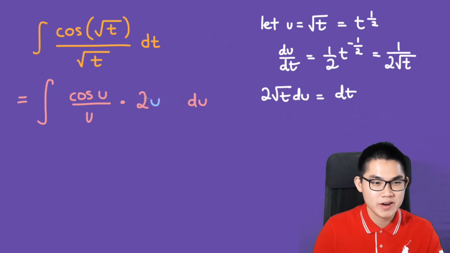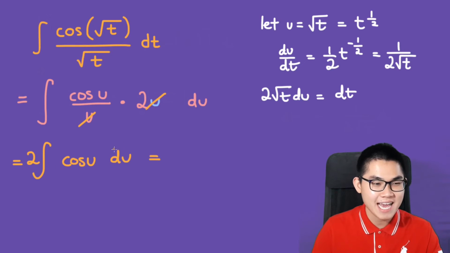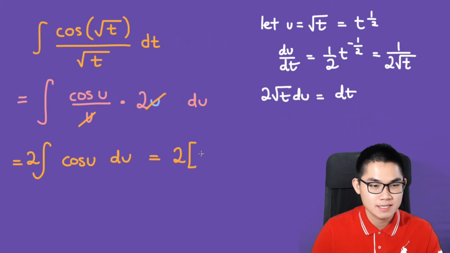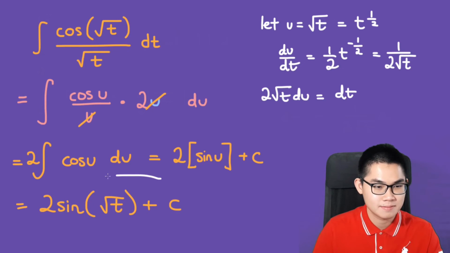So what we're going to do here is cancel out this u with this u, and we end up with the integral of cosine of u. And we're going to move this 2 outside of the integral because it is a constant, and then we have the du. The antiderivative of cosine of u will be sine of u plus c. So we have 2 times sine of u plus c, which gives us 2 times sine of the square root of t. So 2 sine of the square root of t plus c.